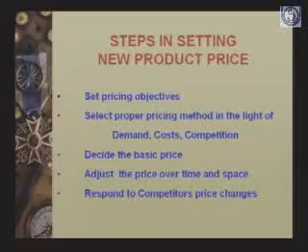You should be aware of what is happening in the market, the developments in the market. If the competitors are changing the price, you have to respond to the changes undertaken by the competitors. So basically these are the three aspects, and putting these together, we can derive the steps in new product pricing.